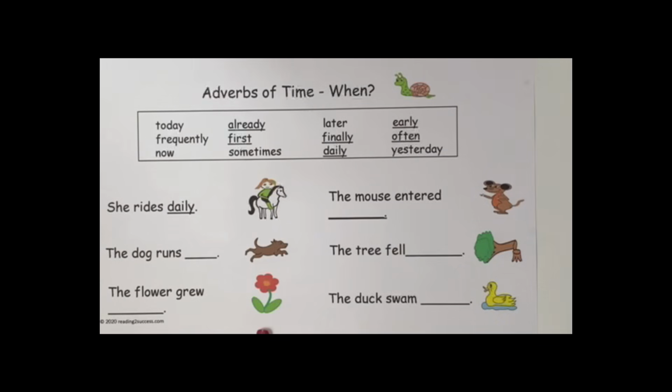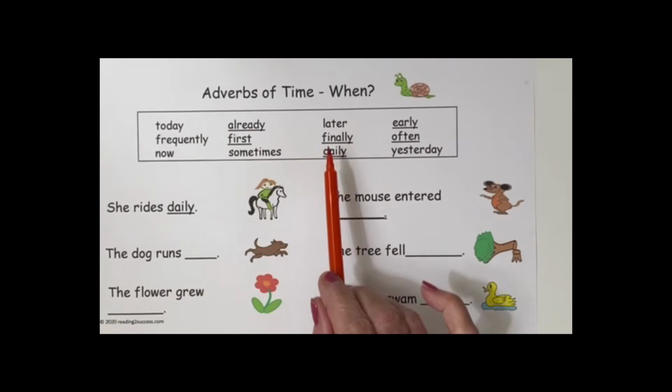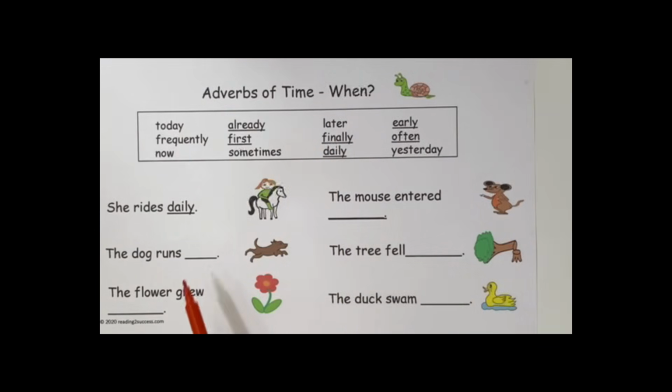Now kids will choose the adverb of time when the verb happens. So we have our first example here. She rides daily. And in this activity, kids are going to look for the words that are underlined to use in the spaces. So we have daily already done.